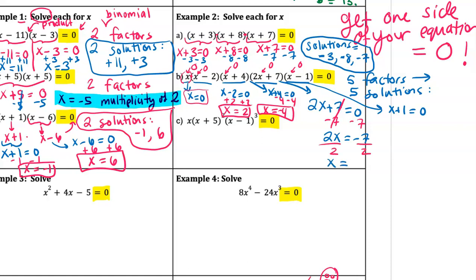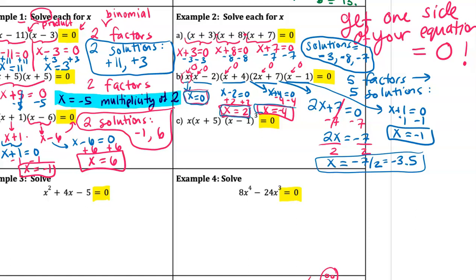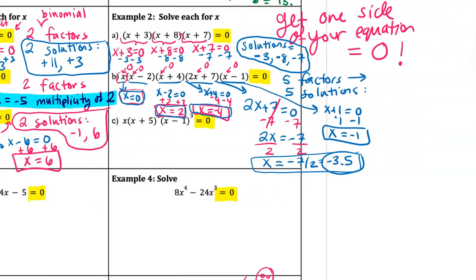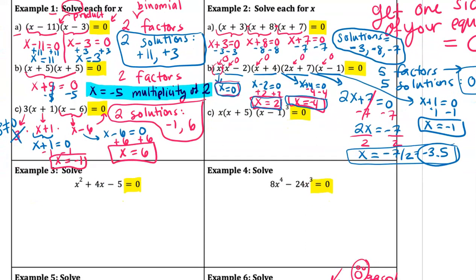So then that solution would be -7/2, or if you like decimals better, -3.5. And then our last solution would be -1. So I had 0, 2, -4, -3.5, and -1. So I'm going to write all of those here. 0, 2, -4, -3.5, and then -1. These are my 5 solutions for example 2.